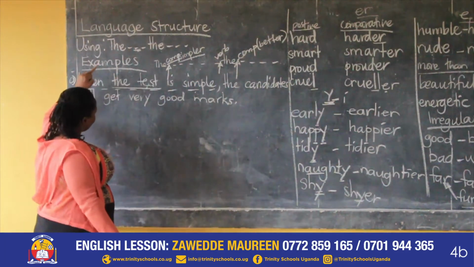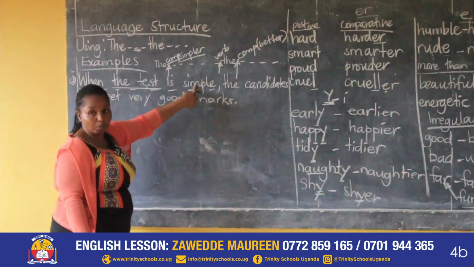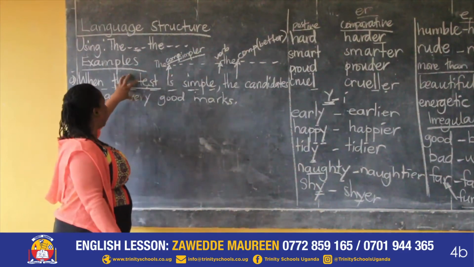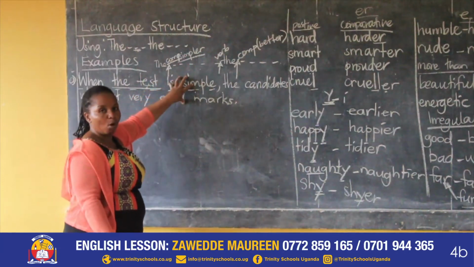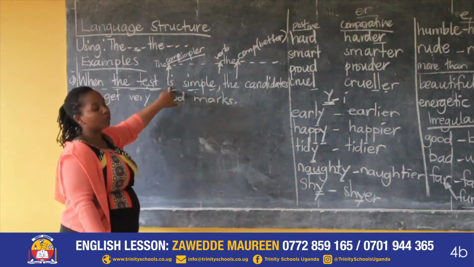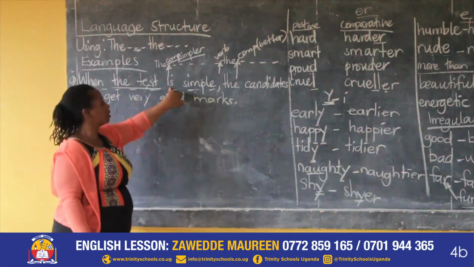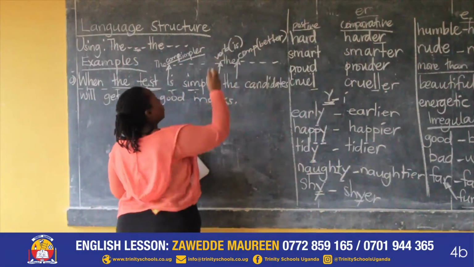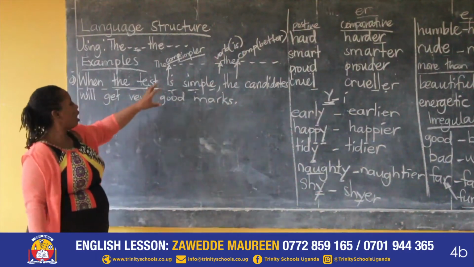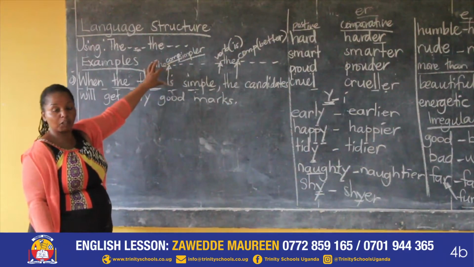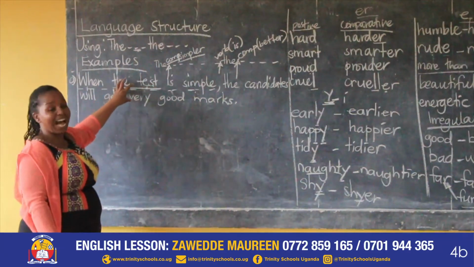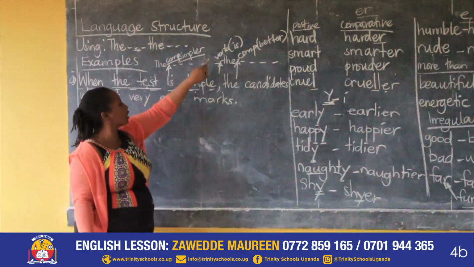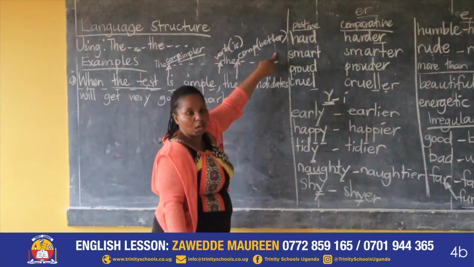When the test is simple, what is the verb? The verb is this word, is. The simpler, our verb is. We are plotting.